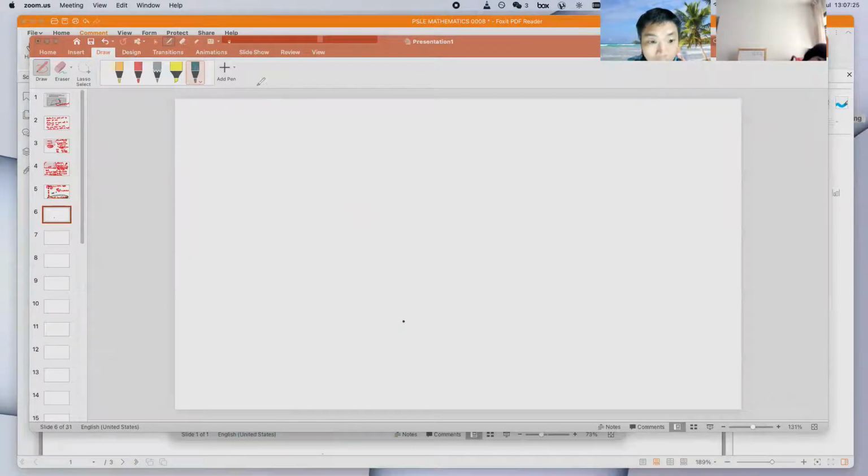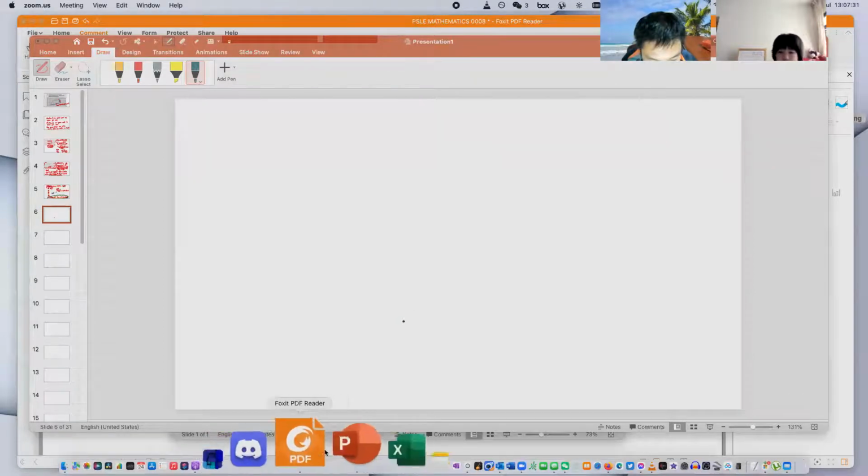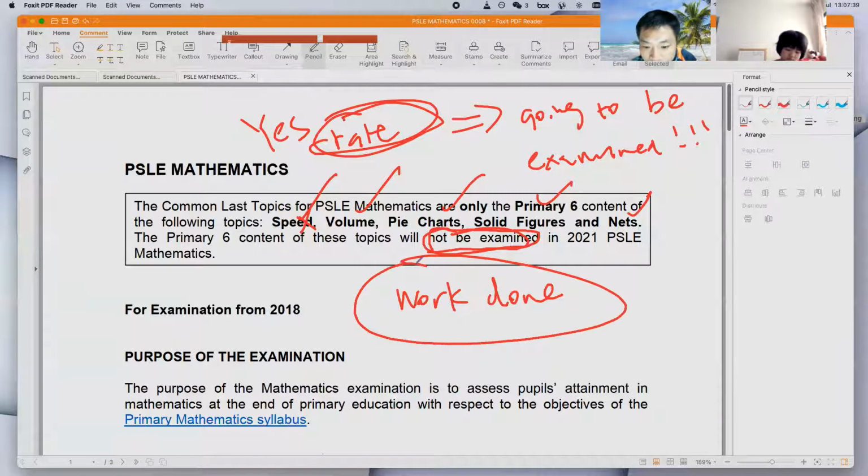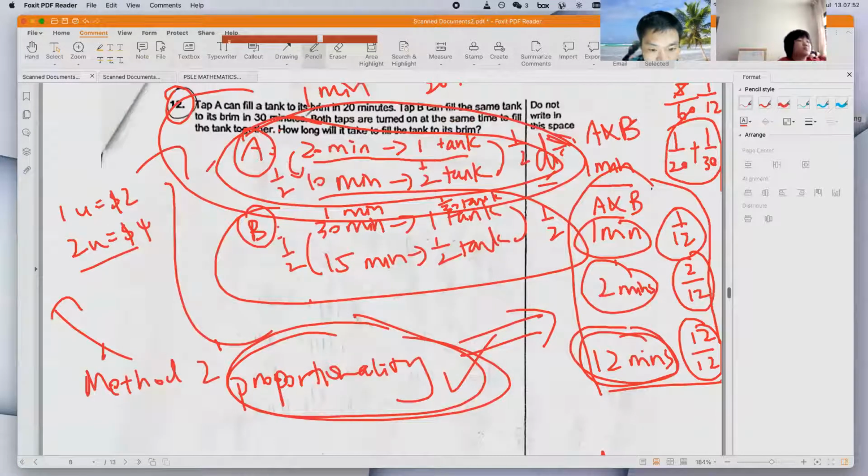Okay, let's come back to this paper. Speed is not included, but rate and work done, you should practice these questions. This is a very good question for us to go through the concept.